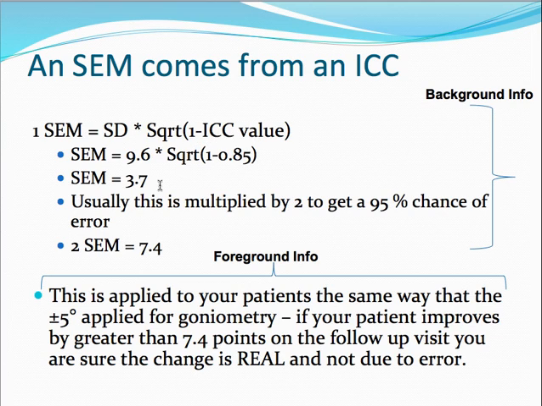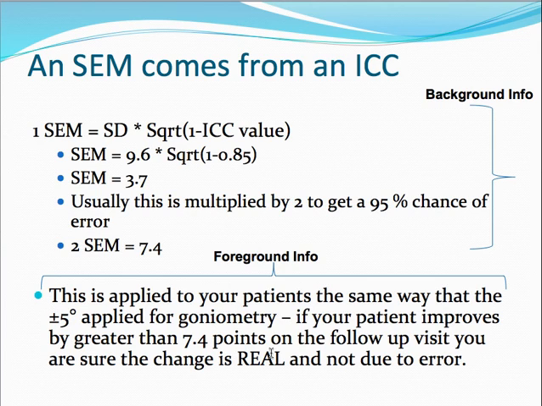So there are the numbers. We get 1 SEM is 3.7, so that's a 68% confidence interval. We multiply it by 2 to get a 95% confidence interval, and so our SEM is 7.4. So if we had a patient where we measured a change of less than 7.4 points, we would assume that they actually functionally didn't improve at all.